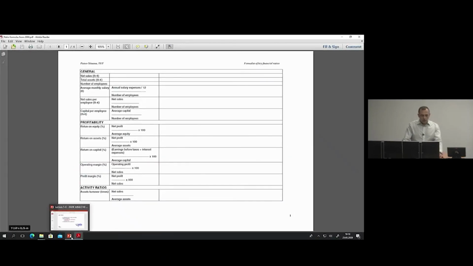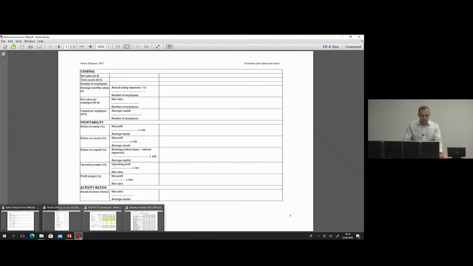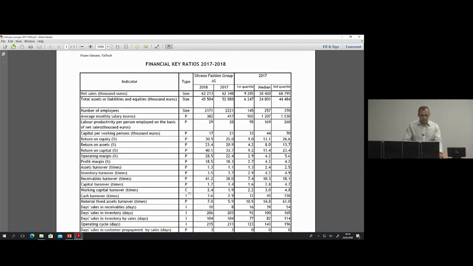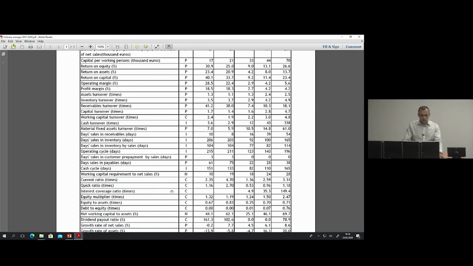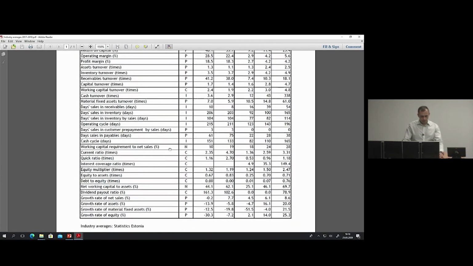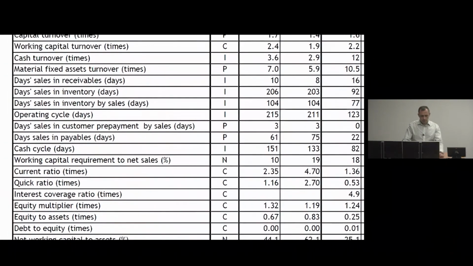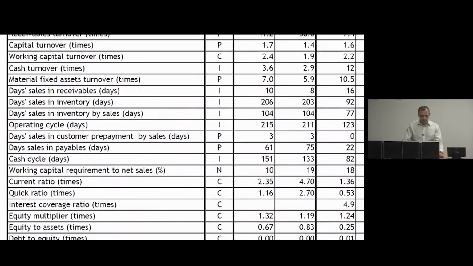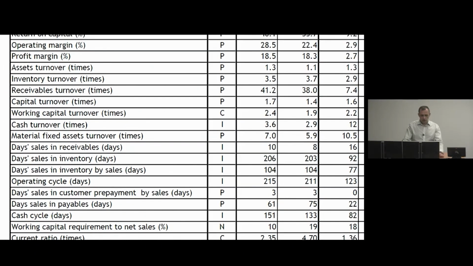In Silvano's case, the answer is 28.5 for the operating margin and 18.5 for the profit margin.